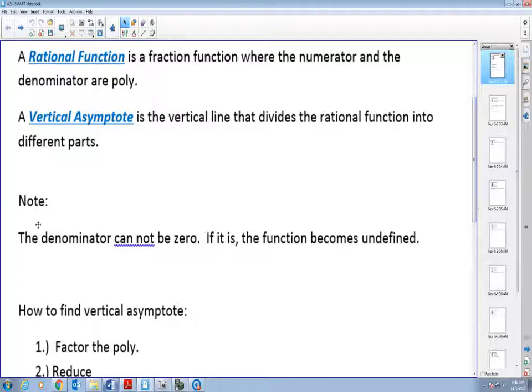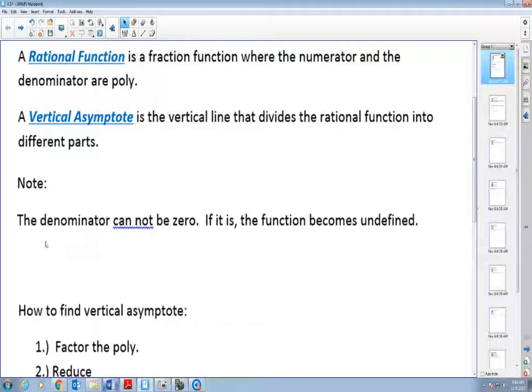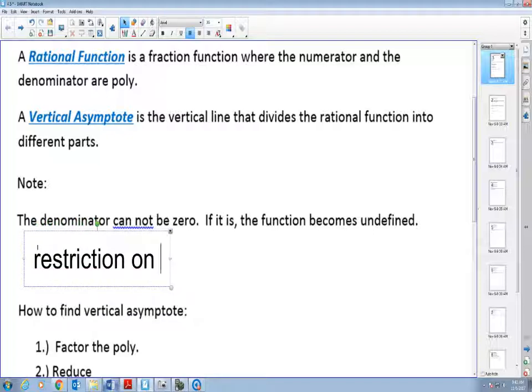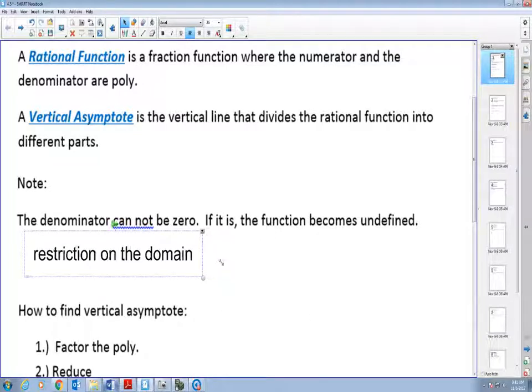Alright, a quick note here, mentioned this before. Remember now, the denominator of a rational function cannot be 0 because that will make the entire function undefined. What we used to call it is the restrictions on the domain. Back in chapter 3, we called them restrictions on the domain, okay, where the denominator cannot be 0.